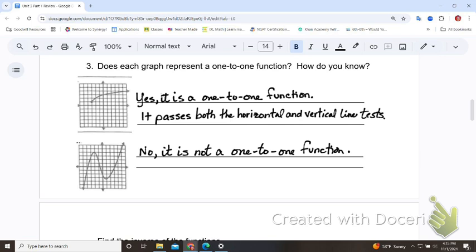And then if it's a no, I just need to tell what it fails. So I'm going to say it fails the horizontal line test. That's the one that goes side to side, like the horizon in the sky.